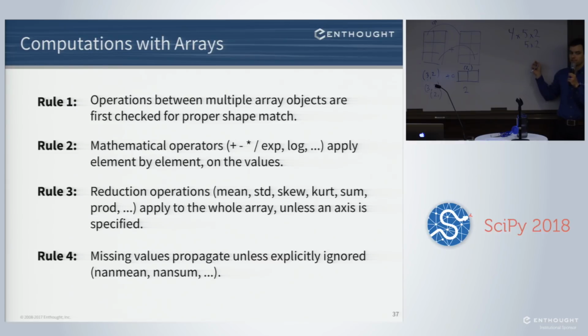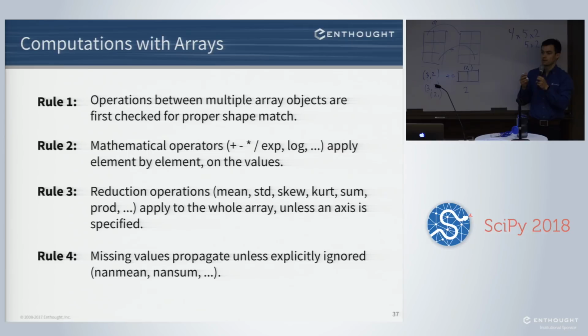There's a really good link that I'll put in the Slack channel, and eventually in the YouTube video maybe, to the NumPy documentation that explains broadcasting. But for the exercises today, we're going to limit ourselves to these 3 cases: exactly the same shape, an array which is a subset of another one, and a single value.